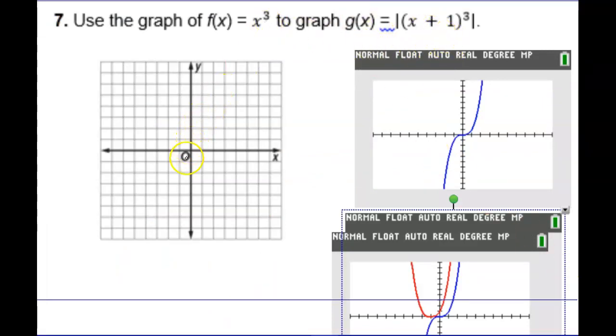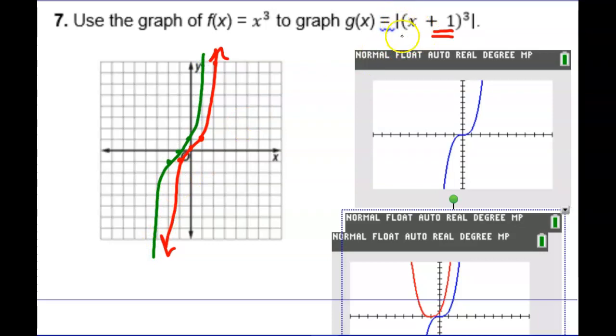The parent function, guys, for x cubed, if you cube 2, it would be up at 8. 2, 4, 6, 8. So this is the parent function. Okay. What is this doing? The plus 1 slides it left 1, so you would be here, here, here, here.